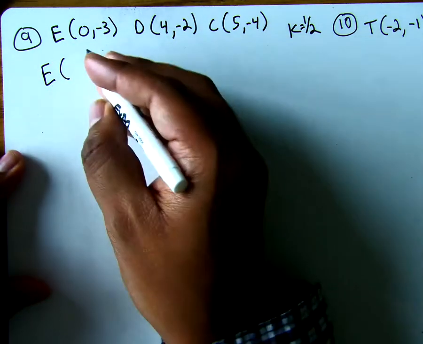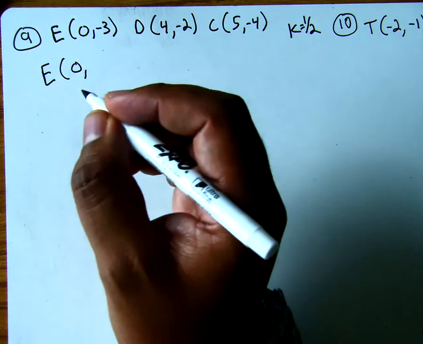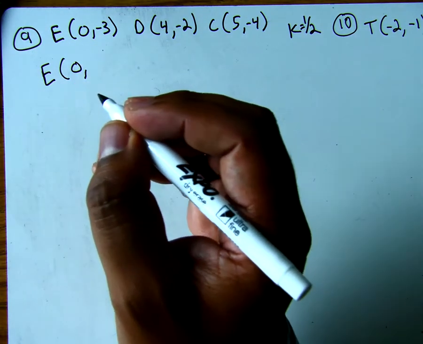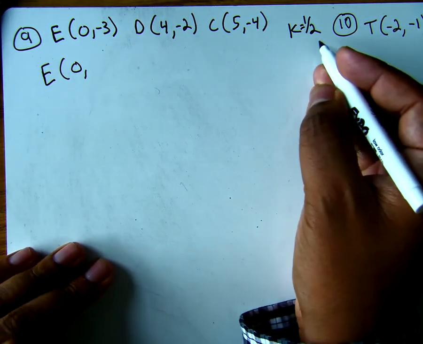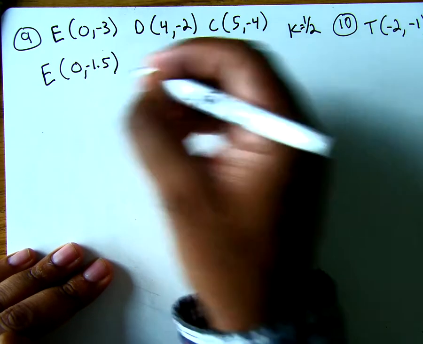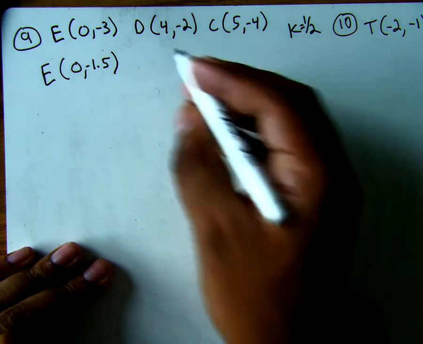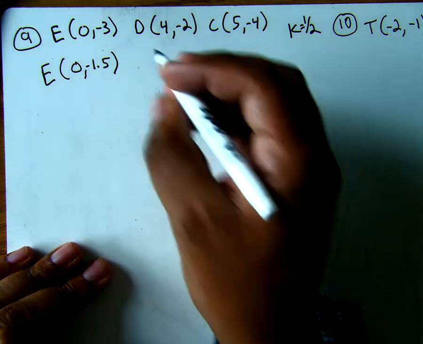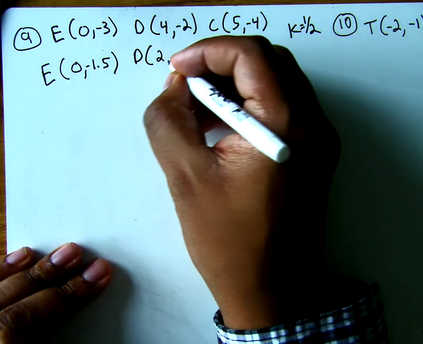We start by multiplying 0 times 1/2, and that's going to get us 0. Then we're going to multiply -3 times 1/2, and that's going to get us -1.5. Next, we're going to take the D coordinate and multiply the x, 4 times 1/2, which is 2.